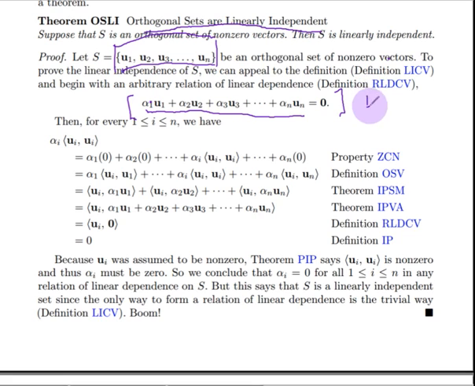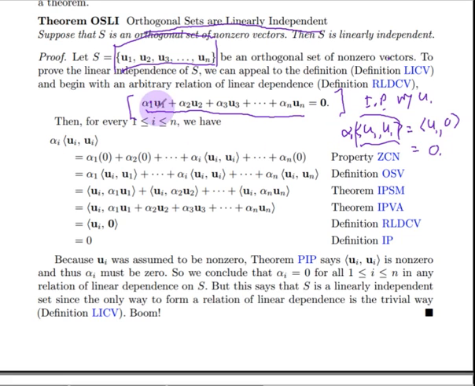On the other side, I take the inner product of u1 with 0, which is equal to 0. But I know that this inner product must be greater than 0. That was something I proved before. So that means that alpha 1 must be 0.